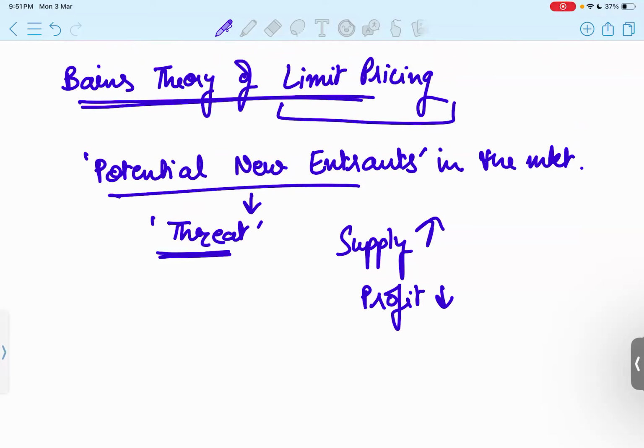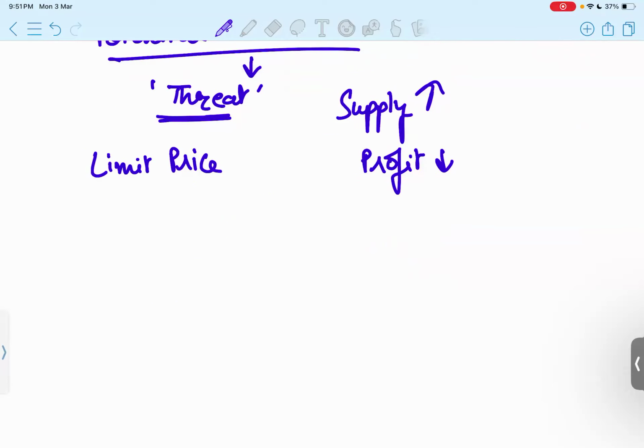That is why the price that would be determined will be called the limit price. Another name for this is entry preventing pricing theory, because we want to prevent the entry of new firms.